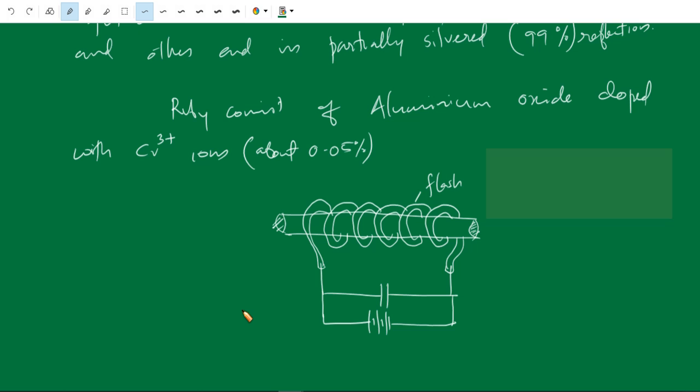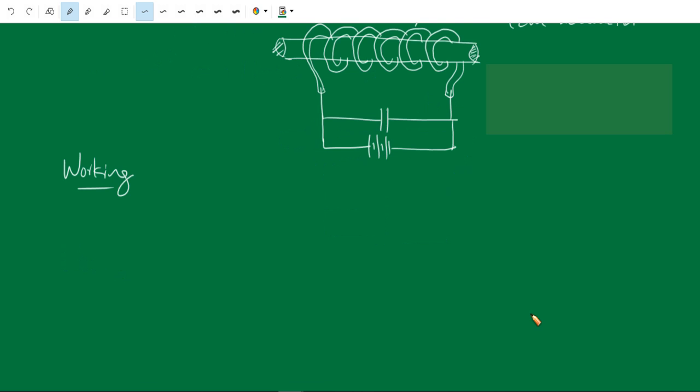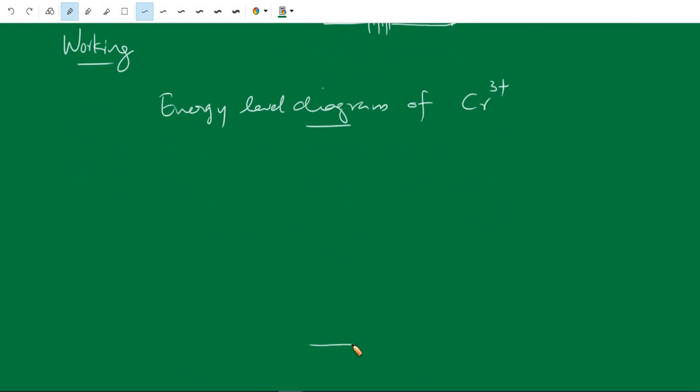Now we can talk about the working of the ruby laser. First, let us talk about the energy level diagram of the chromium ion. This is the ground state, the lowest energy level, and there are two bands of energy: this is the energy band E1, and this is another band of energy E2.